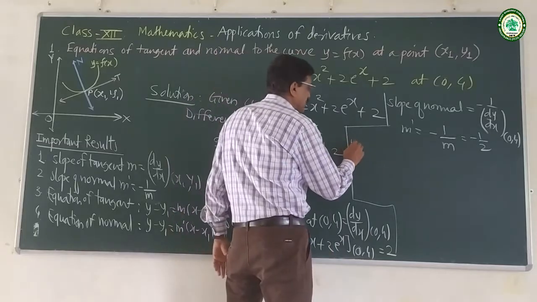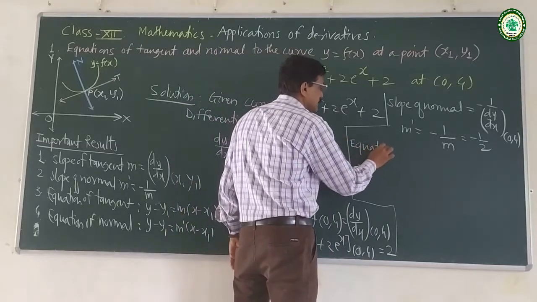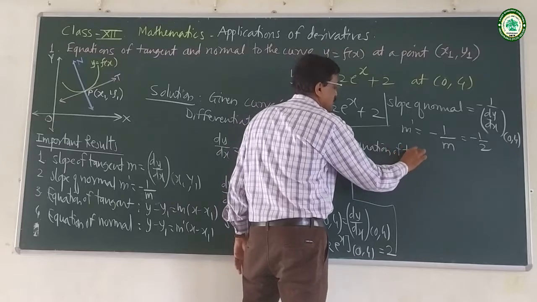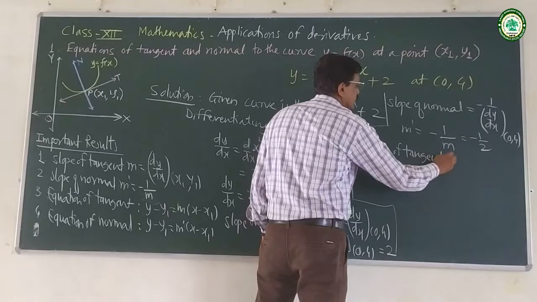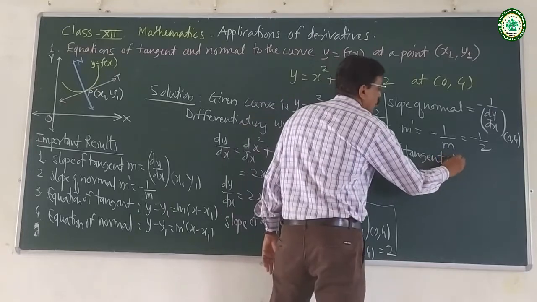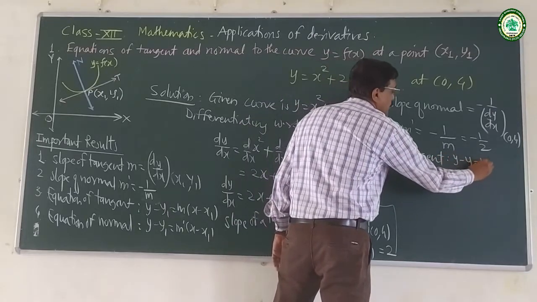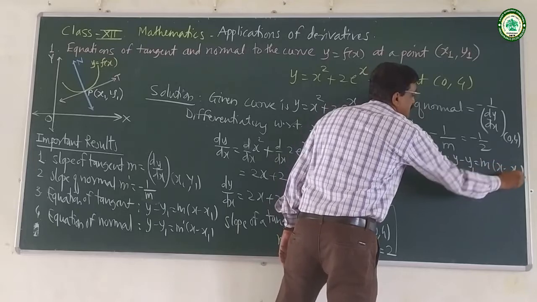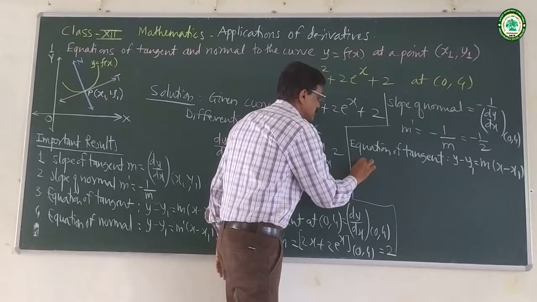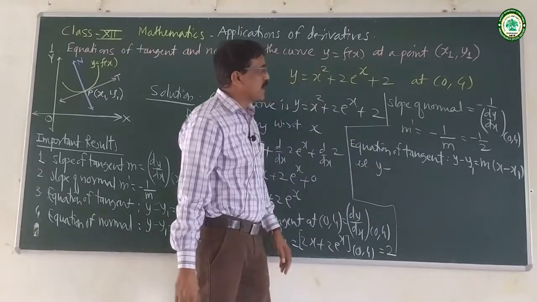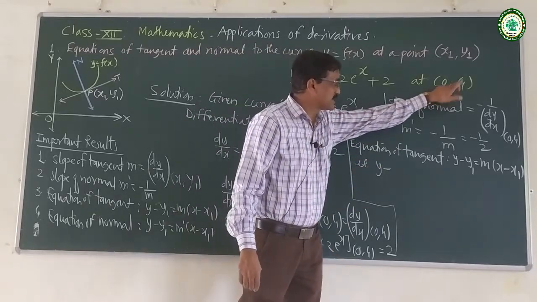Now, equation of tangent. Formula y minus y1 is equal to m into x minus x1. That is y minus, what is y1? x1 is 0, y1 is 4.